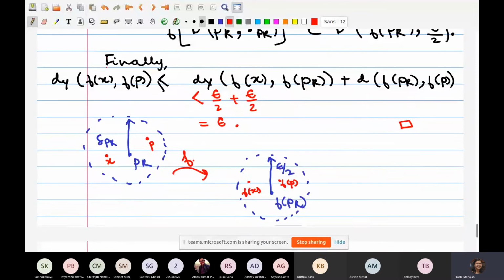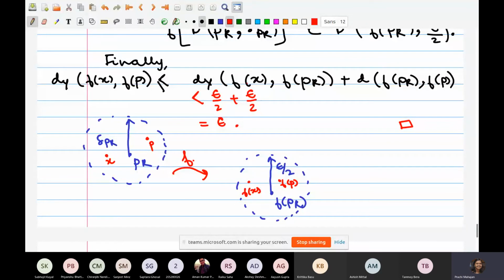Look at this picture. This blue ball is a ball in Y centered at f of pk, radius epsilon by 2. f of X and f of P are both here. This is what we have shown, which exactly means that the distance between f of X and f of pk is at most epsilon by 2. Likewise, the distance between f of P and f of pk is also at most epsilon by 2.